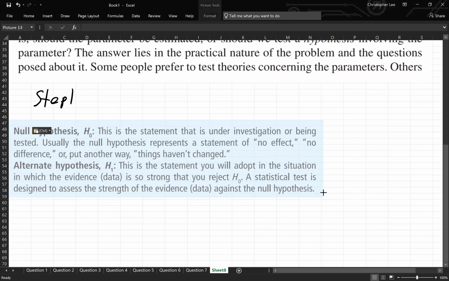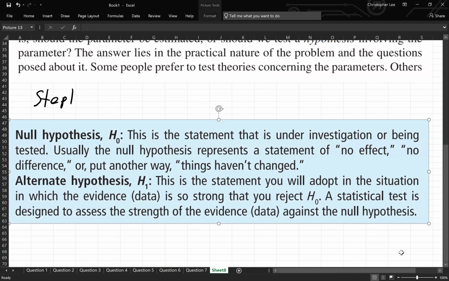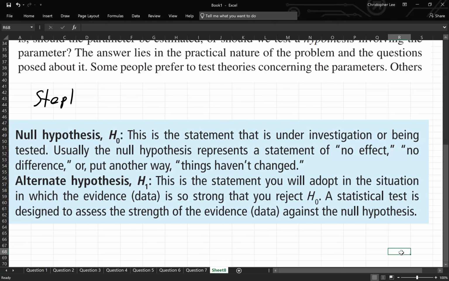This is what they are. The null hypothesis, H0, is the statement that is under investigation or being tested. Usually the null hypothesis represents a statement of no effect, no difference, or put another way, things haven't changed.